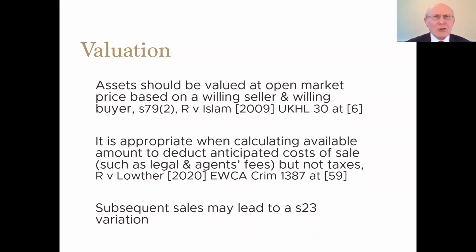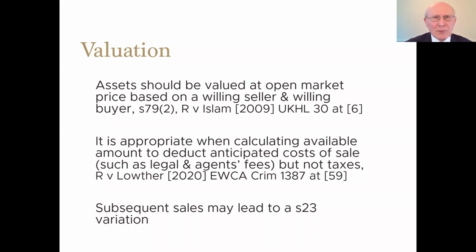But if you actually have a look at Section 39, which deals with default sentence on variation, what it says is that the court can, and in some cases must, change the default sentence where the confiscation moves from one band to another in terms of the maximum default sentences. But these bands are very broad.